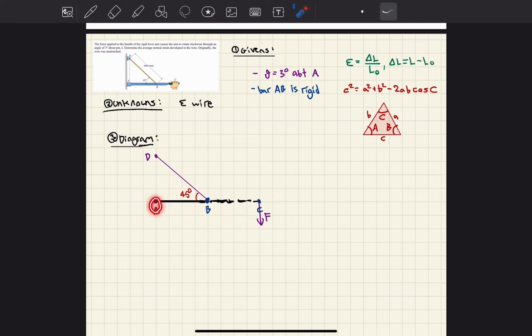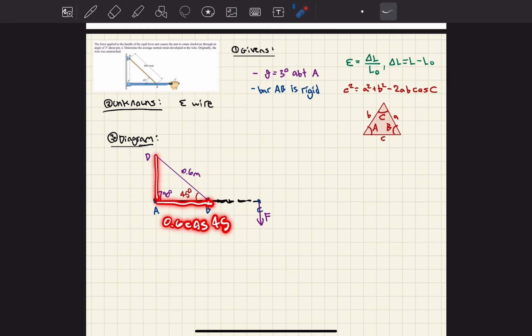And then again, we have our force going down at C, or force of pulling, right? We're not really going to put down the pin connection because it doesn't really matter, as you'll see in just a second. This is 90 degrees. Okay. And this distance right here is 0.6 meters. I converted from millimeters to meters. Can I find this distance right here? Well, yeah, sure. This is just 0.6 cosine of 45, right?